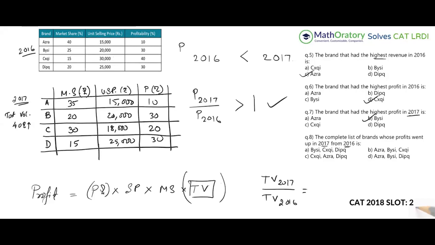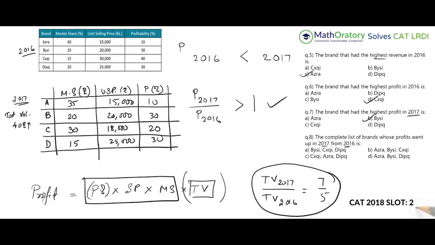Now, this ratio is already known to us, isn't it? It's increasing by 40%. So if it is increasing by 40%, this ratio is simply 7 by 5. So we know this part is 7 by 5. So effectively, if the remaining part, that is this entire product's fraction of 2017 out of 2016, is more than 5 by 7.